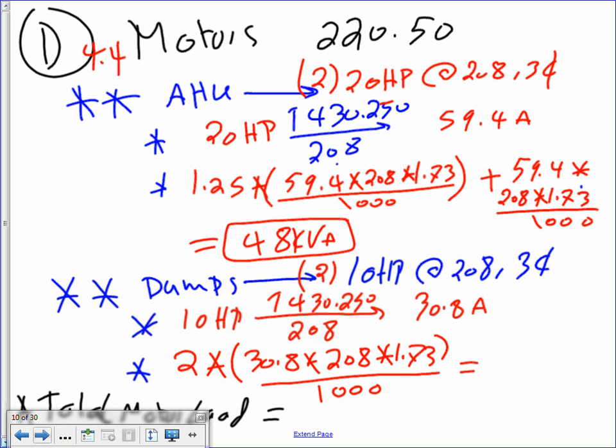That gives the total for these two together, which is 22 kVA. Any question why I multiplied by 2? Because there are two of them. Do I need to do them separately? No. Why did I do the top one separately? Because one of them I want to use as the largest, and I will increase it by 25%.